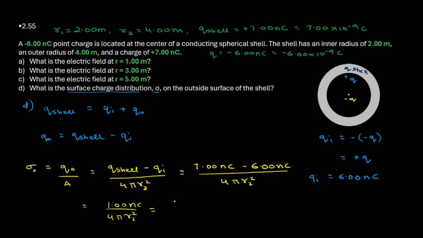So 1 nanocoulomb is 1 times 10 to the power negative 9 over 4 pi r2, where r2 is 4 squared. And when you solve this, you get the surface charge distribution to be equal to 4.97 times 10 to the power negative 12 coulomb per meter squared.